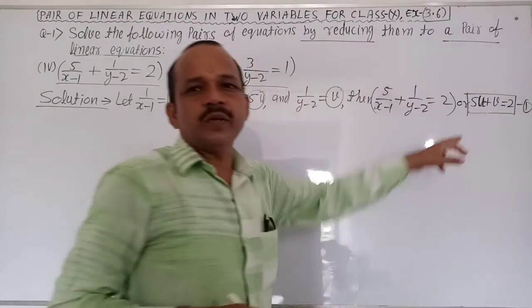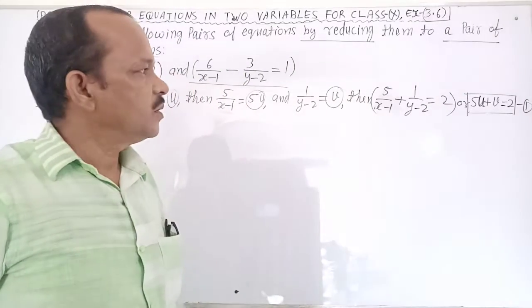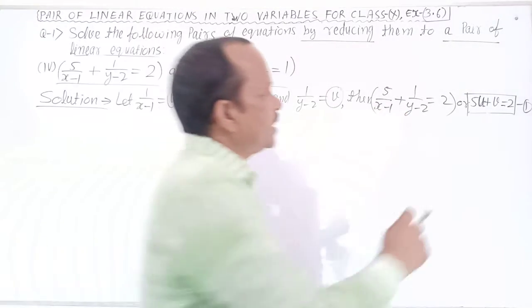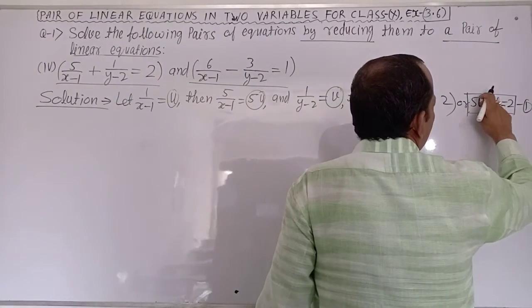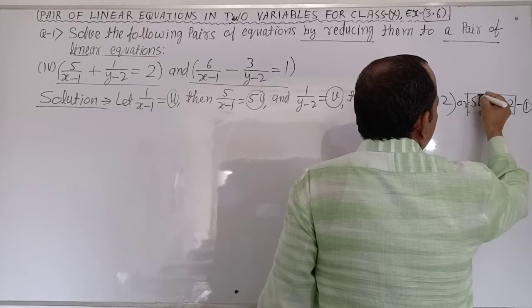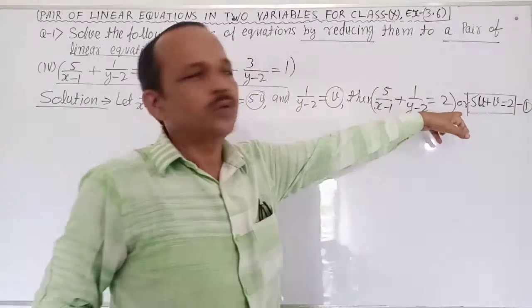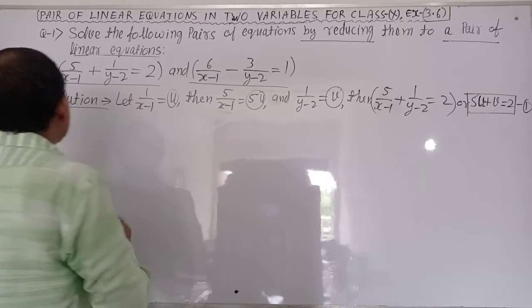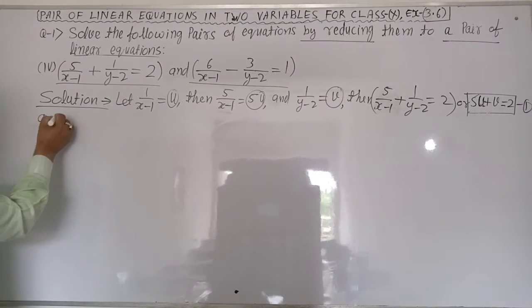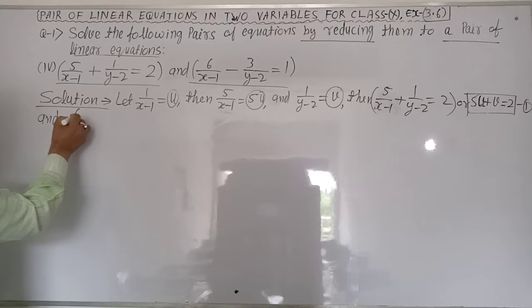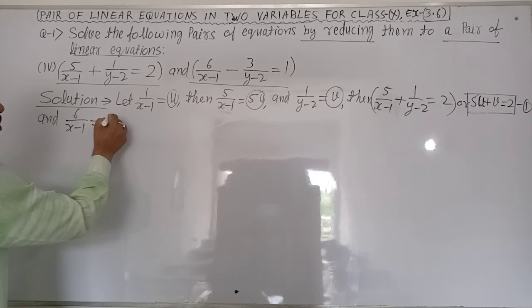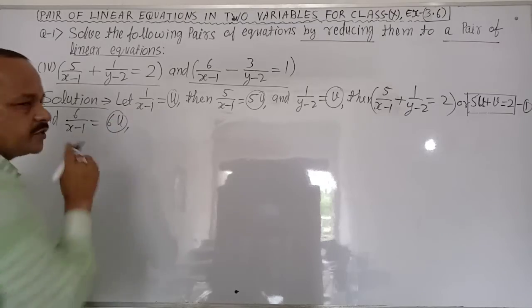Equation first. Equation first is clear, no confusion about it. It is 5u plus v equal to 2. And 6 by x minus 1 equal to 6u.